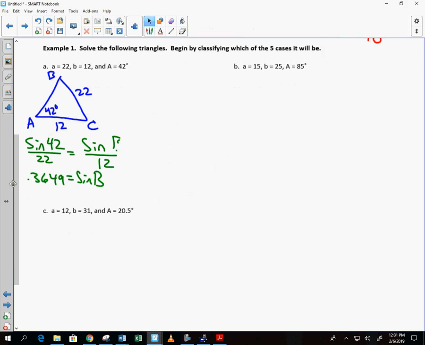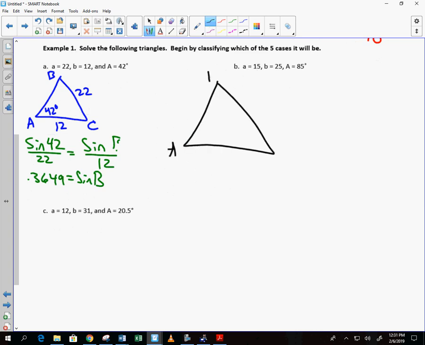I have another triangle. A, B, and C. Angle A is 85 degrees.